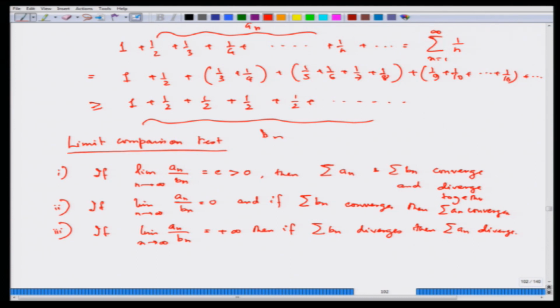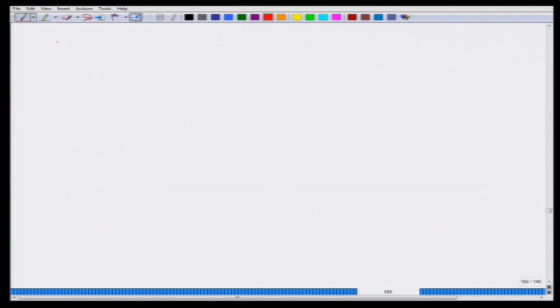Now let us take an example. The example is like this, that you are considering the following series. So, if I put n equal to 1, the first term is 3 by 4, then the second term is 5 by 9 and so on and so forth.